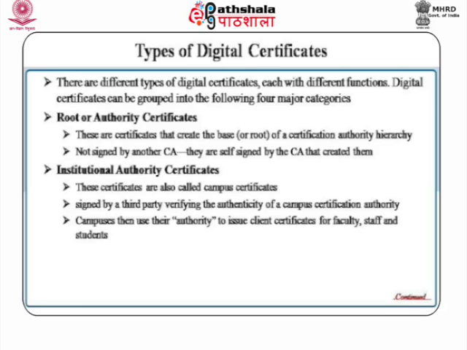Institutional authority certificates. These certificates are also called campus certificates. These are signed by a third party, verifying the authenticity of a campus certification authority. Campuses can use their authority to issue client certificates for faculty, staff, students, and other members.